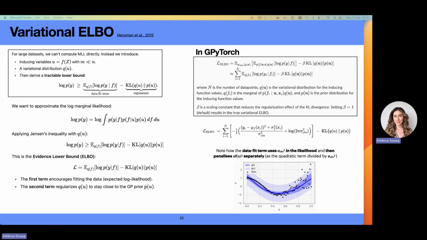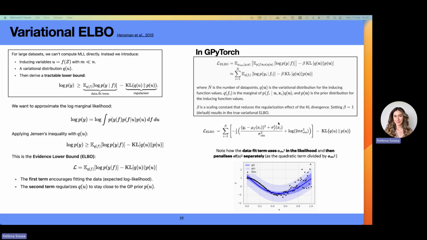The only other thing I wanted to note, which they mention here, is that we can see this ELBO formula can also be written as this.